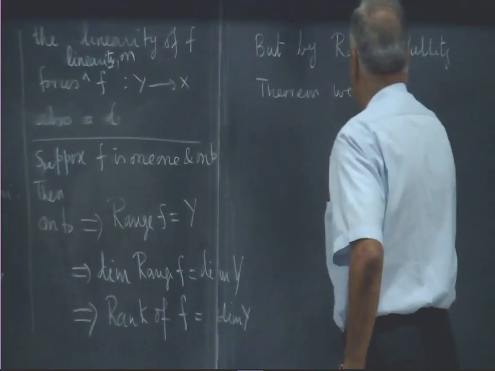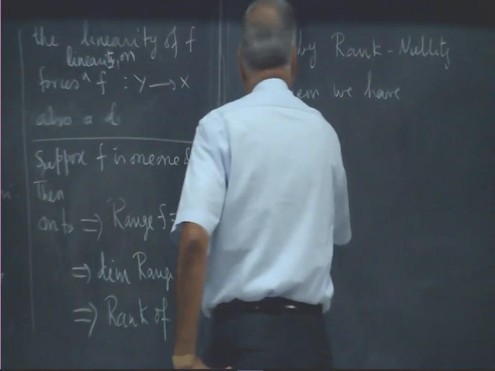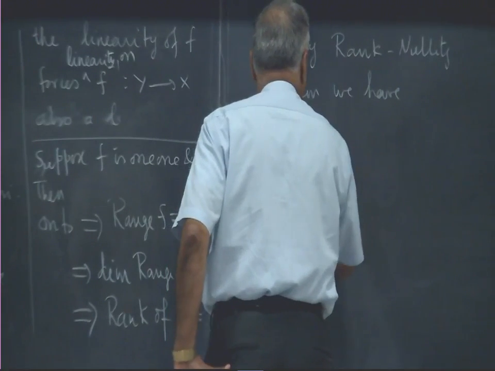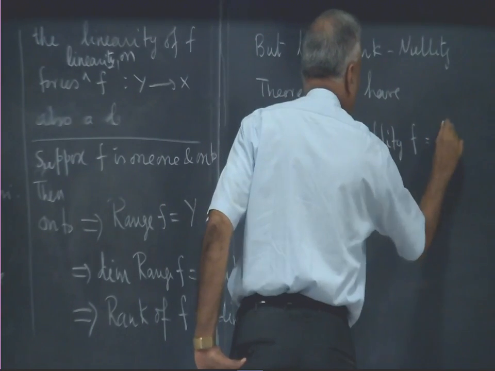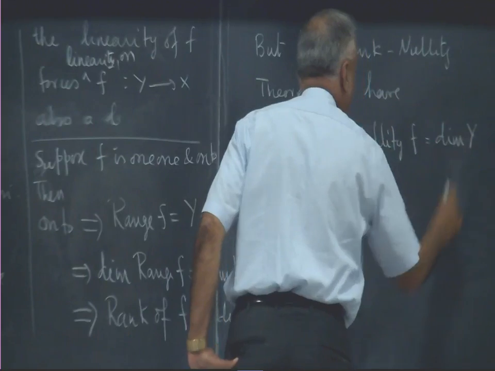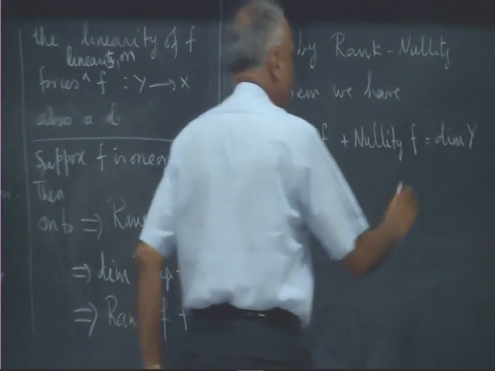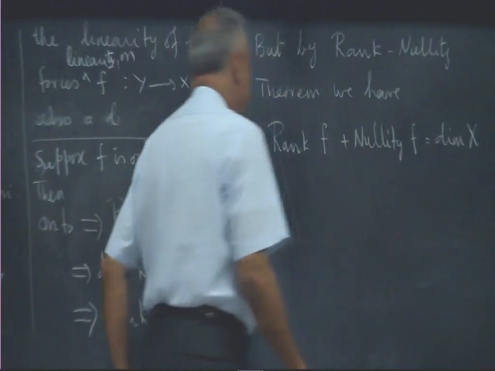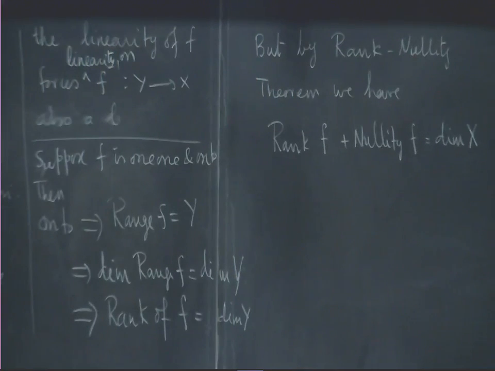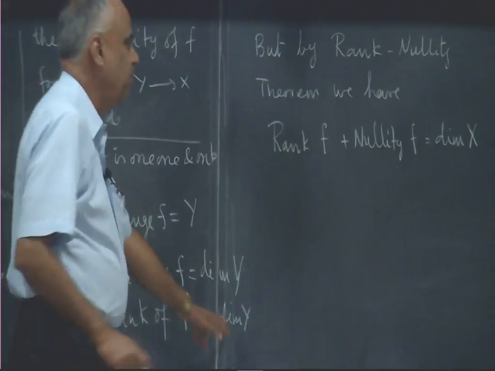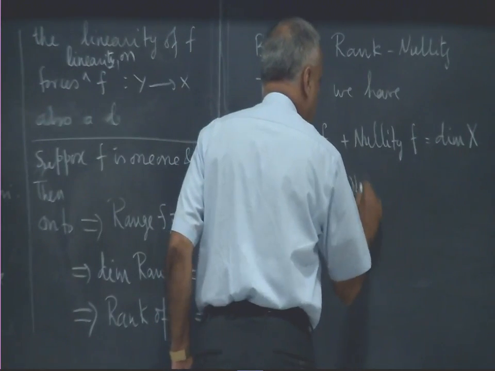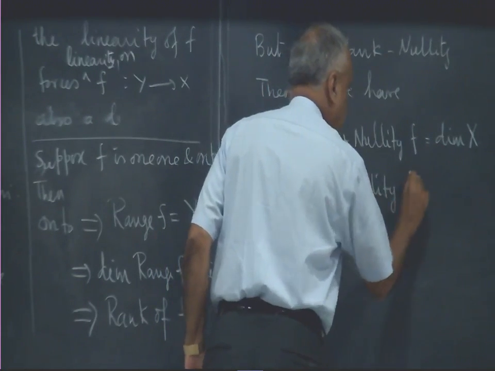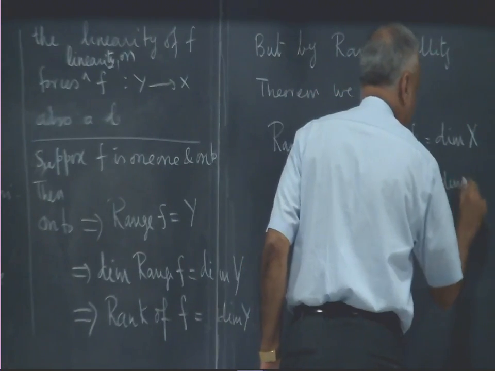We have rank of F plus nullity of F is equal to the dimension of x. Rank plus nullity equals the number of columns, which is the dimension of the domain space. But now rank of F is the dimension of y. So dimension of y plus nullity of F is equal to dimension of x.